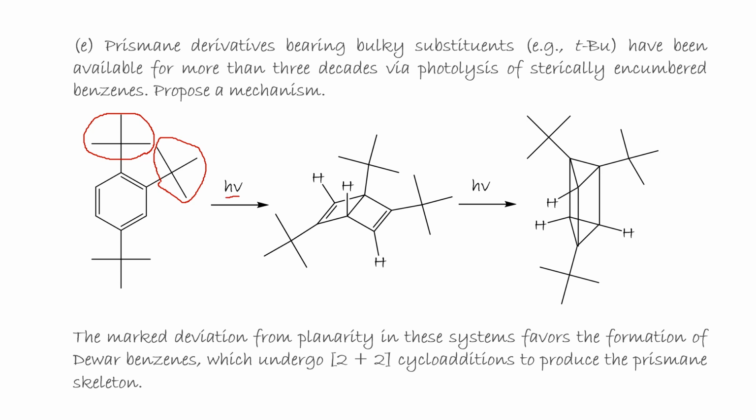With UV light, you can get these two carbons coupled together in an electrocyclic reaction to form the Dewar benzene structure. And then this Dewar benzene structure under 2+2 cycloaddition forms the prismane.